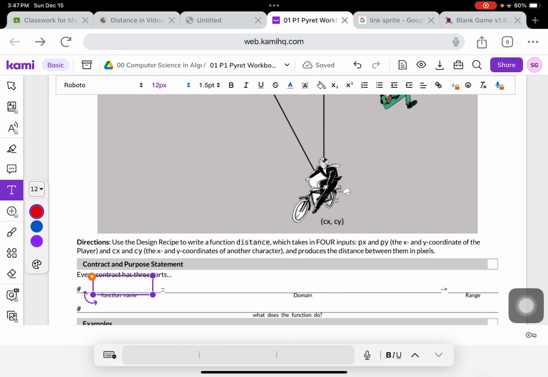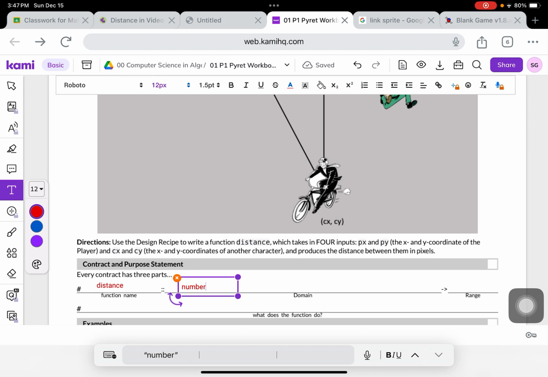So our function name is distance. And then our domain, those are the numbers that we're putting in. These are all numbers.